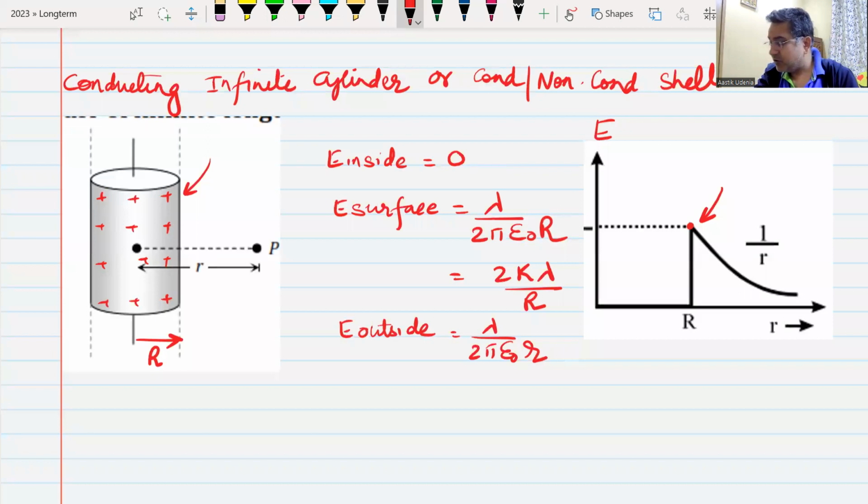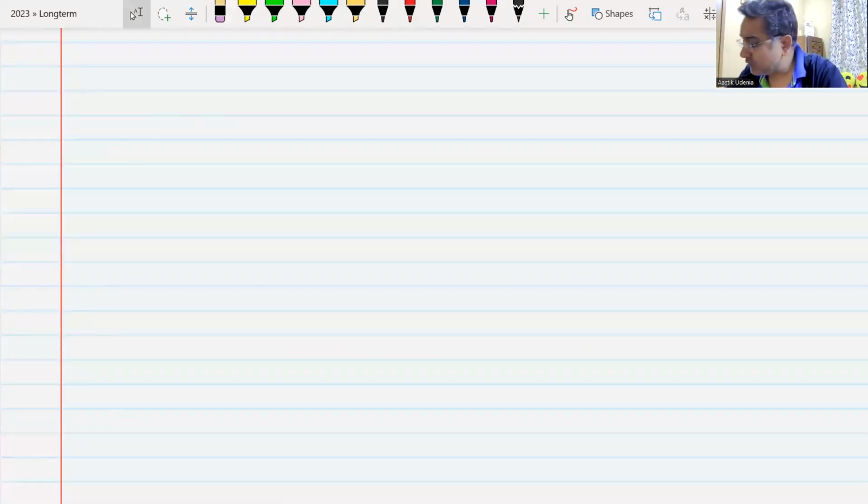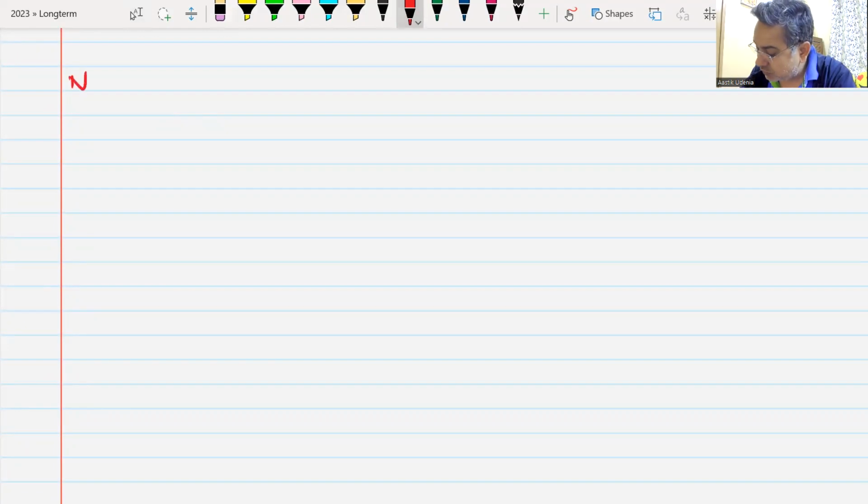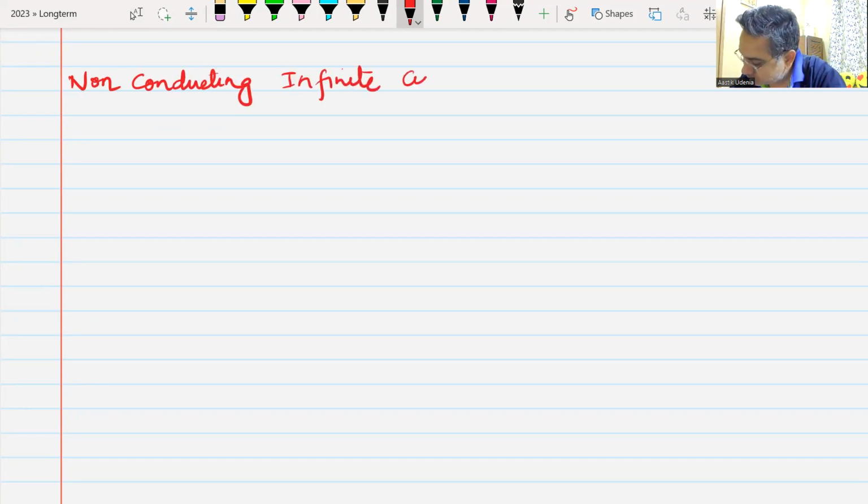Then we can move on to the next one, and the next one would be the non-conducting cylinder. You understand the difference between the non-conducting infinite cylinder and the previous case? What is the difference between the two cases? For a non-conducting infinite cylinder, charge is inside also.